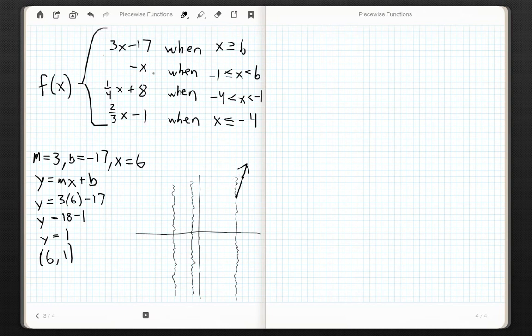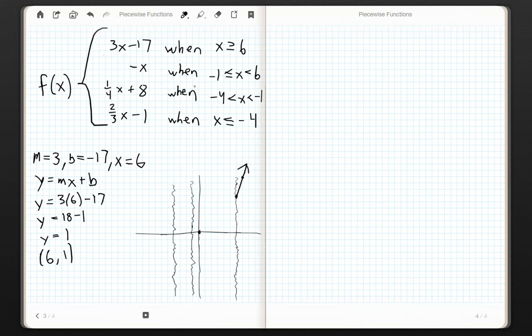Okay, now the second one. F of x equals negative x between where x is negative 1 and 6. So for this, let's go back to our regular way of doing it, of starting at the y-intercept, which for this one will be 0. And we can use the closed dot because it is included in this section here.